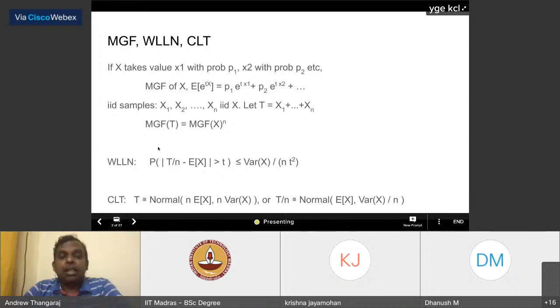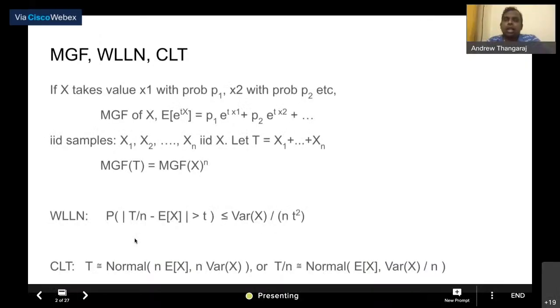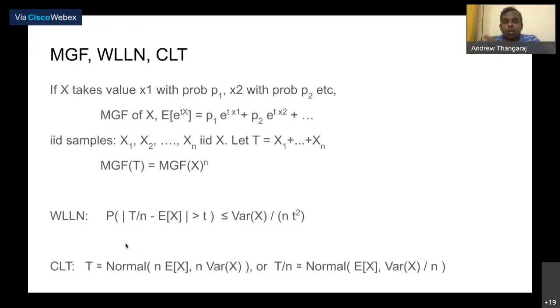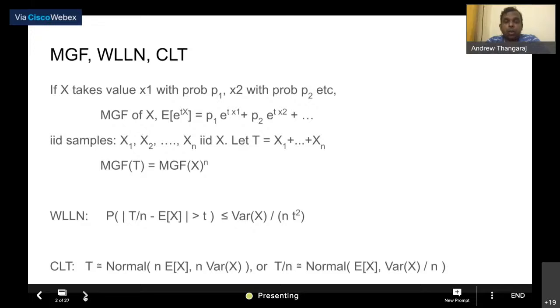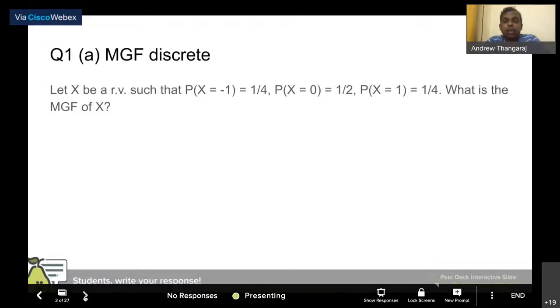Okay, so having said all this, let's jump into some textbook type problems which use these ideas, so that you get familiar with how they show up and how to work with them. The first problem I'm going to put out is a very straightforward MGF computation.